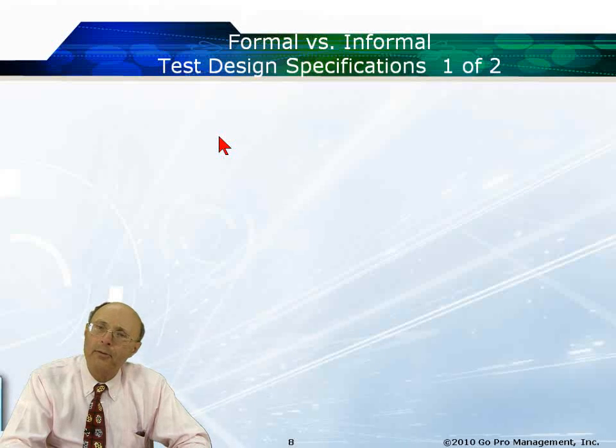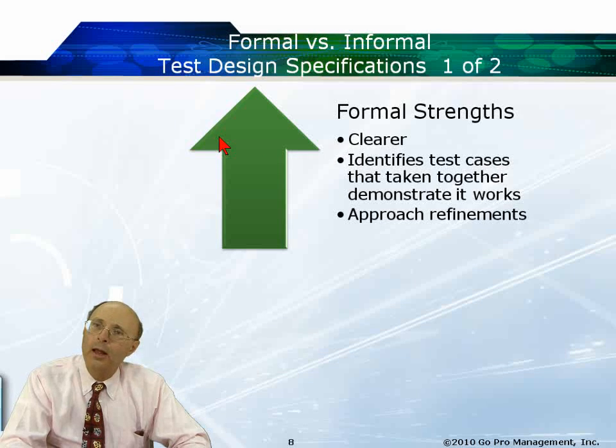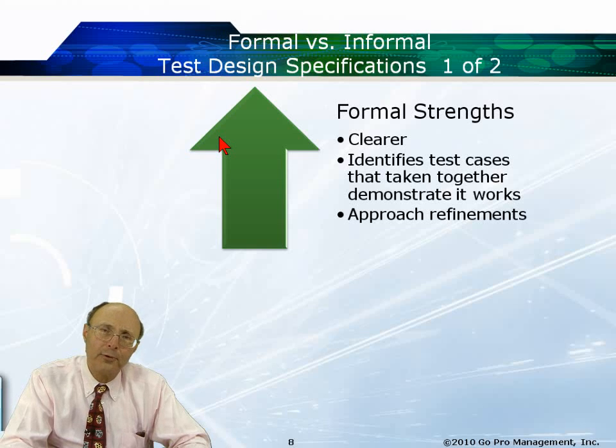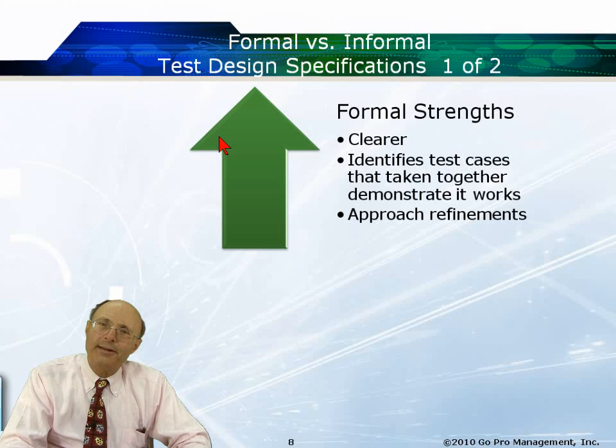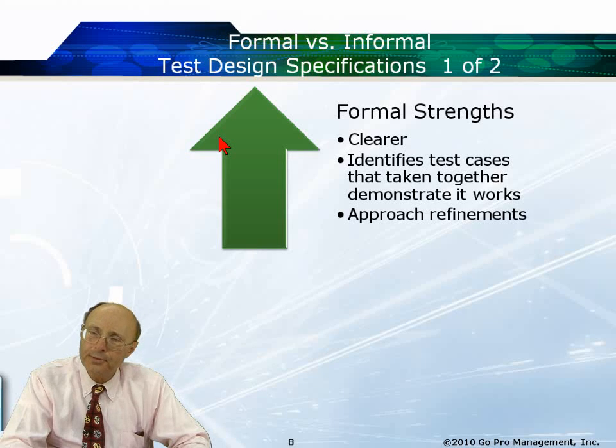So let's compare formal and informal test design specifications. The formal test design specification is clearer. It's written in a more clear manner, full sentences, and so forth. It does explicitly identify the set of test cases that taken together will demonstrate that it works, and it explicitly offers the opportunity to include refinements of the testing approach.